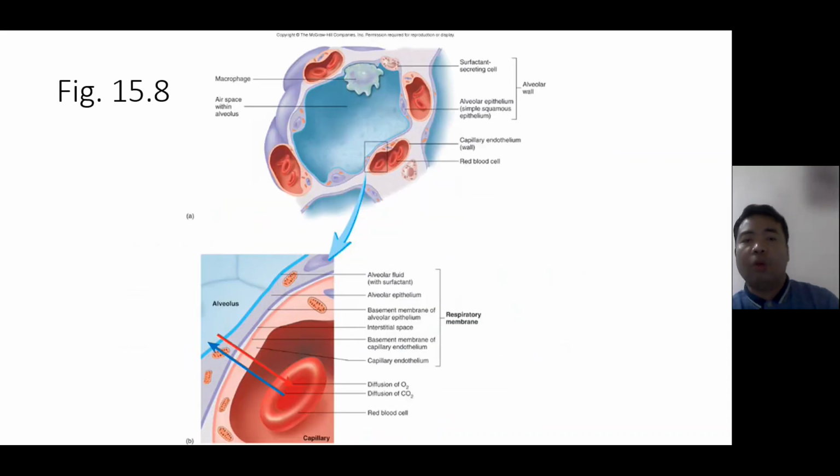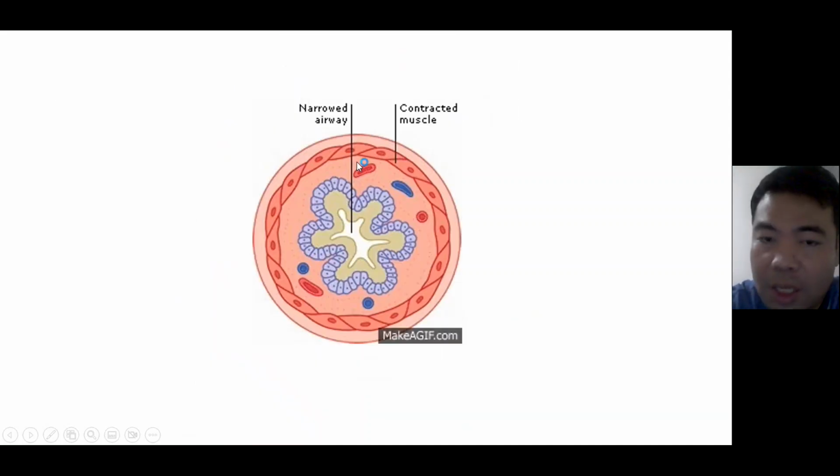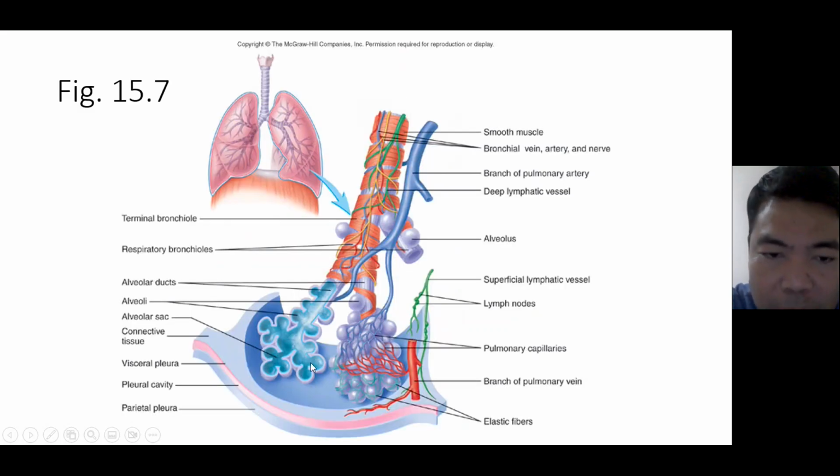So, once the air reaches the terminal part of the respiratory tract, ano ba yung pinaka-last part ng respiratory tract? Ito ngayon, the last part of the respiratory tract is the individual alveoli.